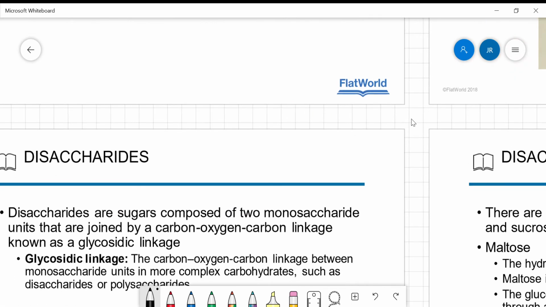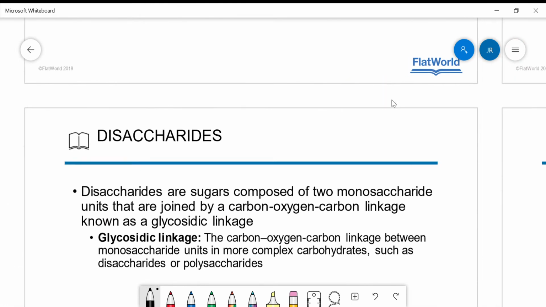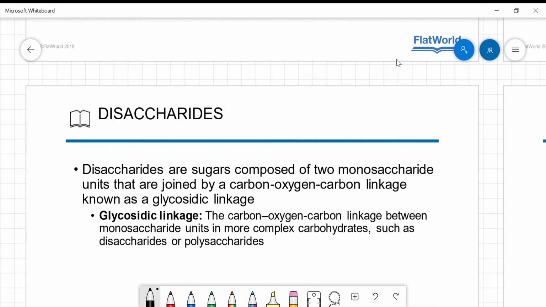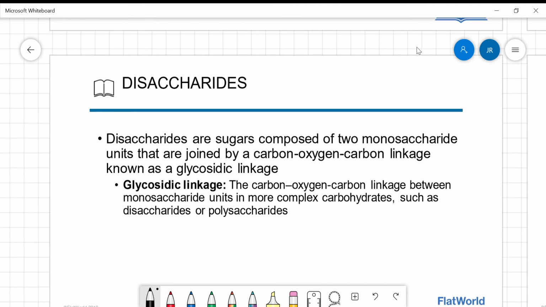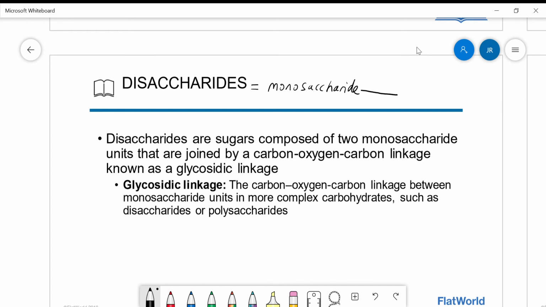There you go. Okay, disaccharides. What's a disaccharide? Well, di means two. So a disaccharide is a collection of two monosaccharides joined together. So a disaccharide is a monosaccharide joined chemically to another monosaccharide.